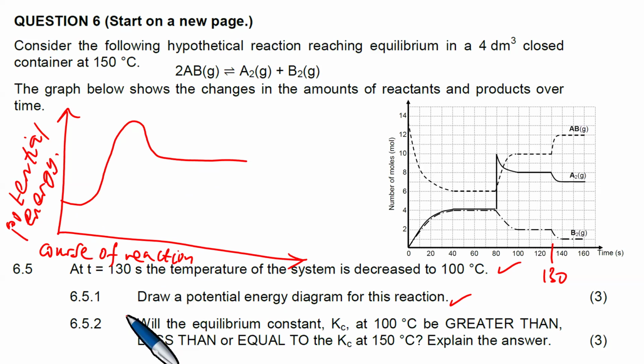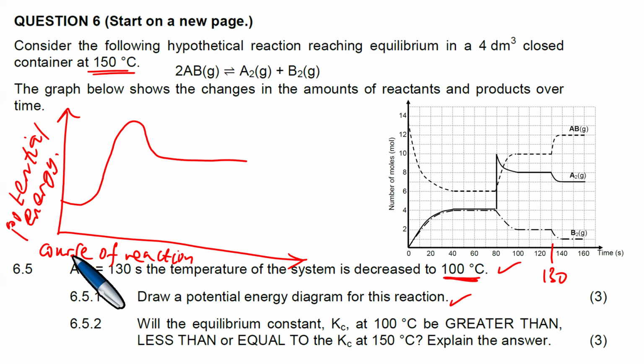Because we are saying that the temperature is decreased, if it is decreased to 100 degrees Celsius, because it was initially 150 degrees Celsius, what we are able to see is that the potential energy of the product is higher than the potential energy of the reactant. So the reactants will have a lesser potential energy there.